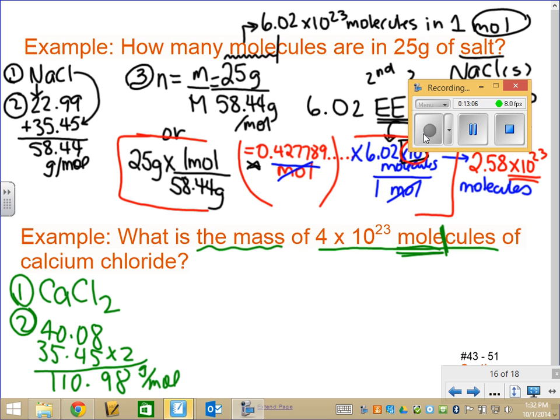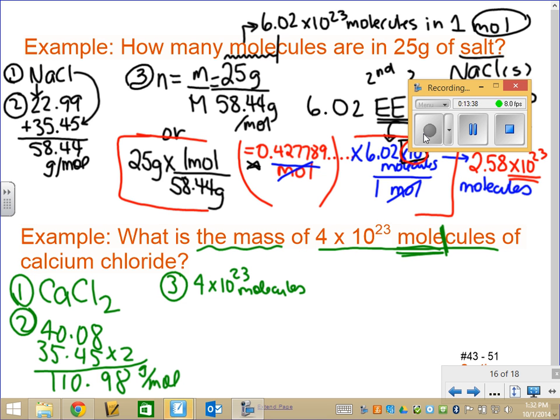In this case, I've already told you how many molecules I have, and I'd like to know how many moles that represents. So the next thing that we'll do, before we do any formula calculating, is figure out how many moles we have. I have 4 times 10 to the power of 23 molecules. And I need to ask myself, how am I going to get that to moles?